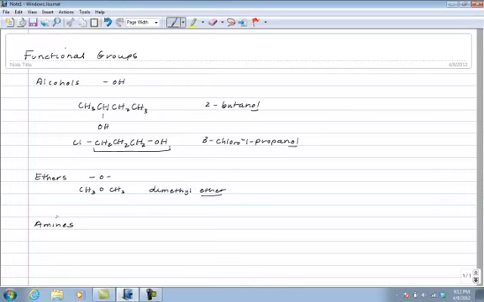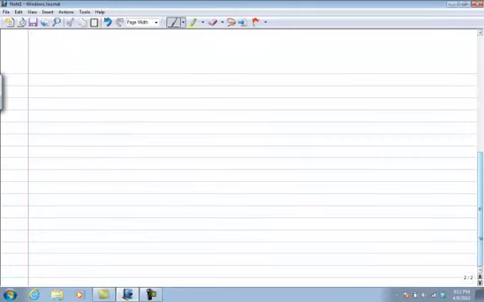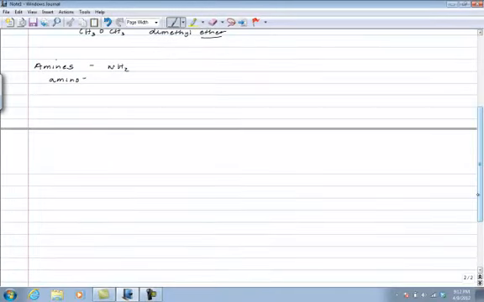So let's look at this ammonia derivative, which would be NH2. These are substances that have amino as the beginning word as part of that name. Let's look at an example.